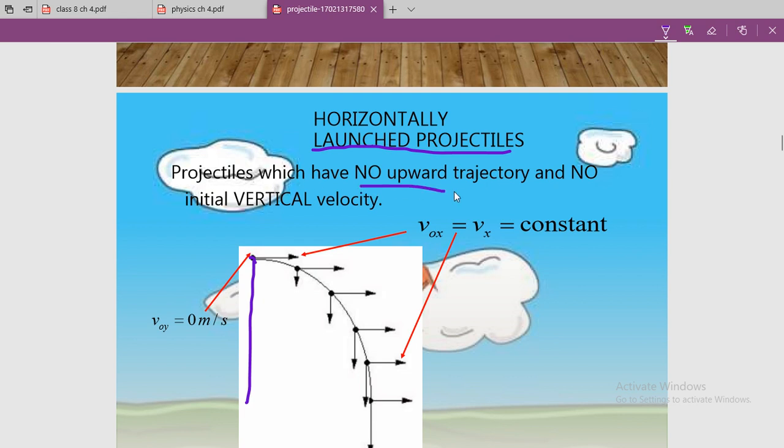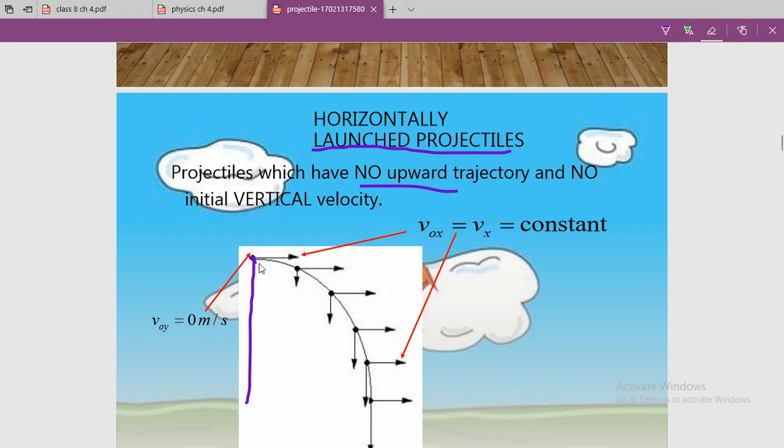It means it does not move upward from this roof, and there is no initial vertical component, because initially its velocity is only horizontal to the earth's surface. So its vertical component, that is toward the earth's surface, is 0, and its horizontal component is exactly the same as the initial velocity of this projectile.